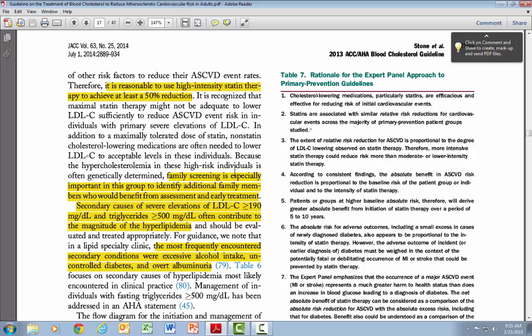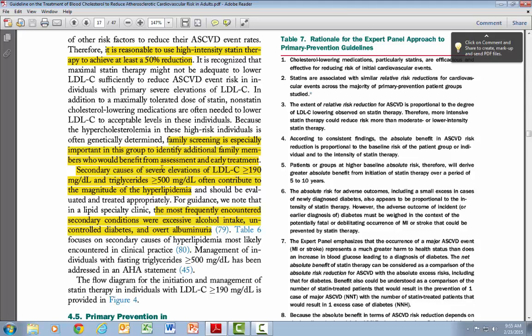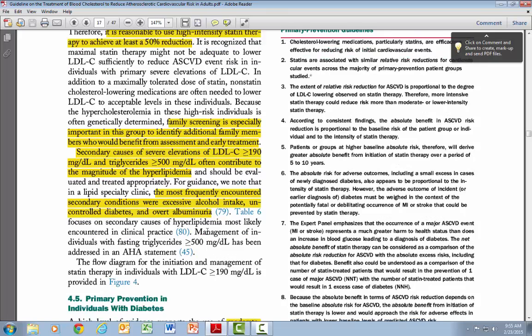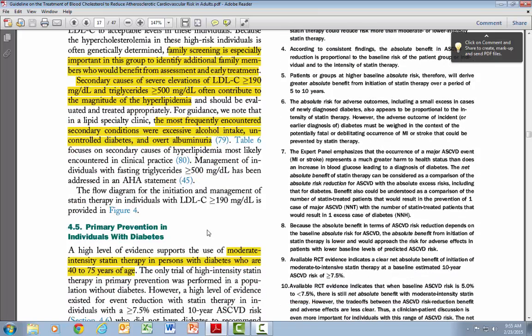Ask the patient if this is happening in their family. Okay, look for patients that have triglycerides more than 500, because now your goals shift from LDL to triglycerides, and what could be the possible cause. Remember that it could be excessive alcohol intake or uncontrolled diabetes or albuminuria in nephrotic syndrome.